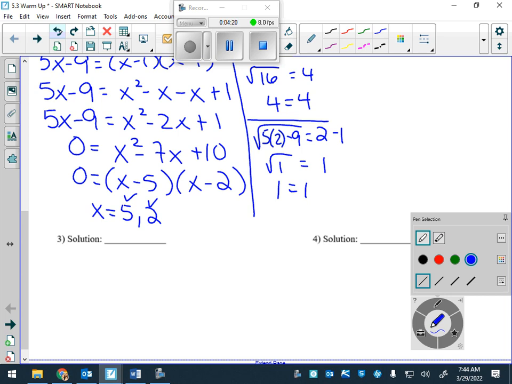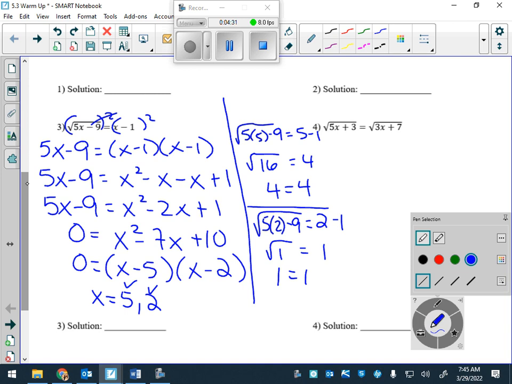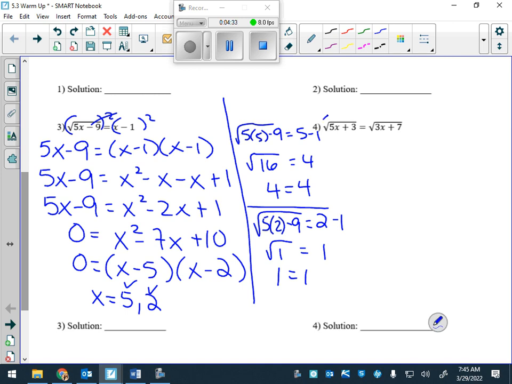Okay? Number 4, what did we get for an answer? Nick? 2, good. Since there's square roots on either side, okay, square both sides. 5x plus 3 equals 3x plus 7. From here, we're just able to solve.